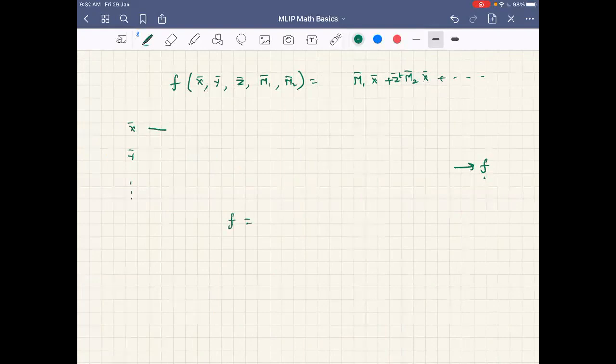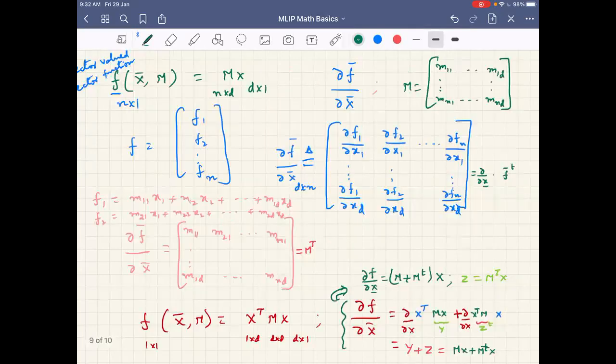F equals X transpose Mx will come as a double summation of Xi, Mij, Xj, something like this. Just check it. It may or may not be exactly correct, but it will come something like this. Then we try to apply our definition. That's what we do.